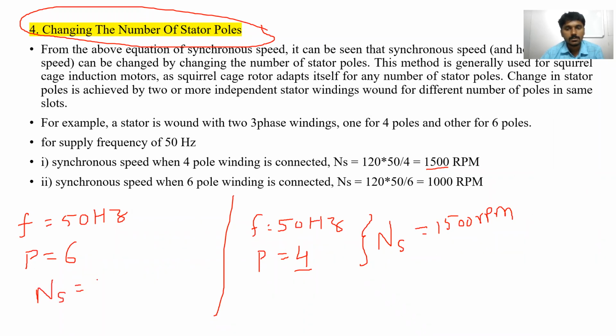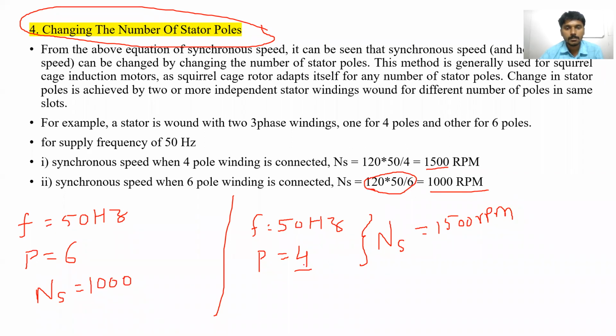Ns is equal to 120 into 50 upon 6. What is this value? Can you tell please? 1000. Clear? Means the synchronous speed is 1000.